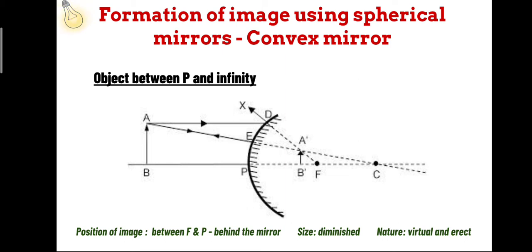For a convex mirror, only these two positions are taken into consideration, as there are only these two positions that make changes in the size of the image formed. This characteristic of the convex mirror is helpful in using it as a mirror for safety purposes as well as for the rear view mirror.